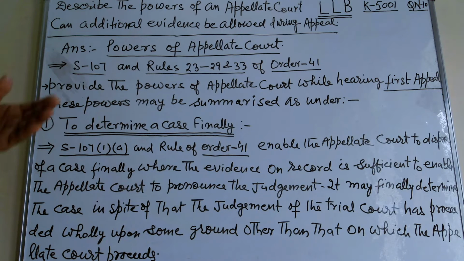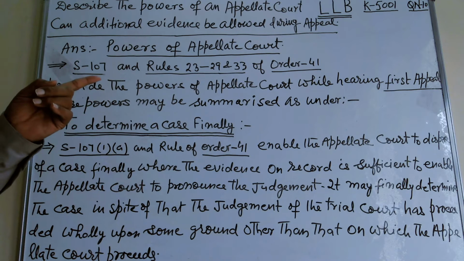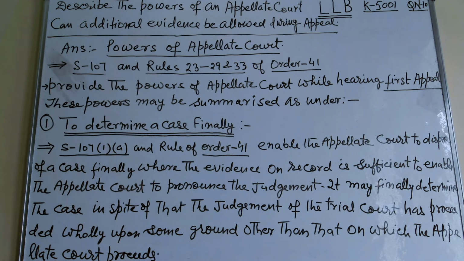Power of appellate court. Section 107 and Rules 23 to 29 and 33 of Order 41 provide that the powers of the appellate court while hearing a first appeal may be summarized as under.